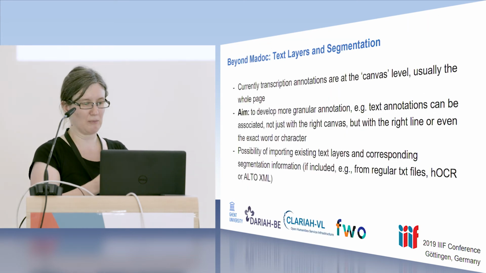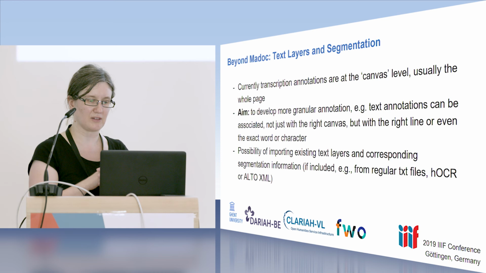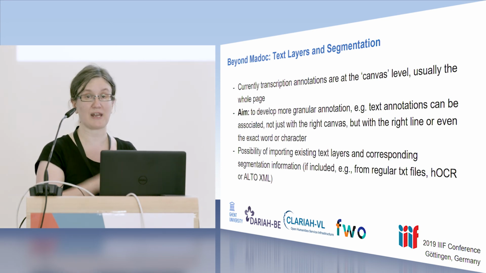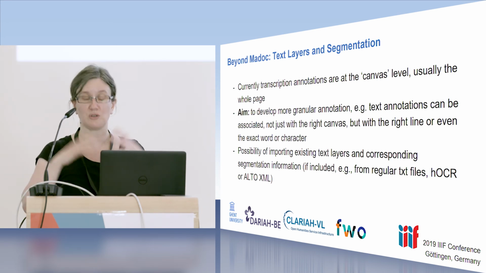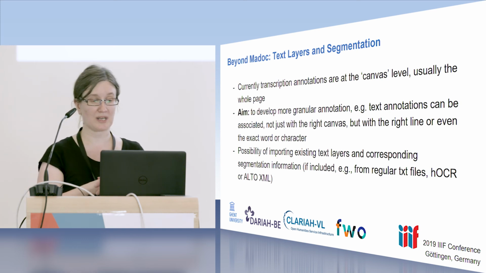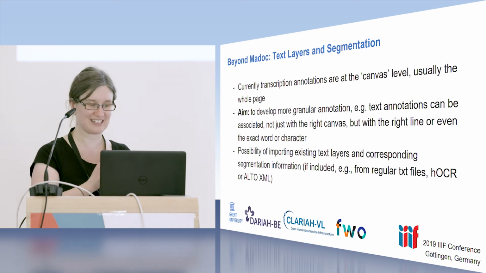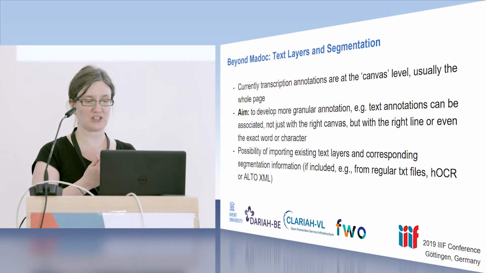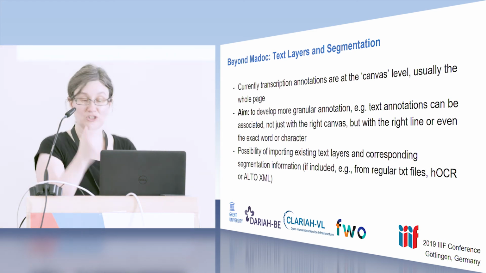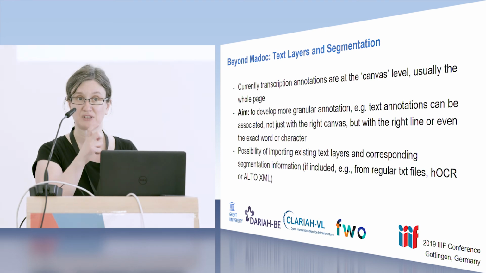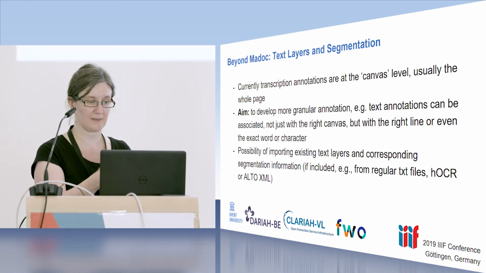In a little bit more detail, currently the transcription annotations that are available are at the canvas level, which is usually the whole page. But what we'd like to do is to have more granular annotation. For example, text annotations associated not just with the right canvas, but the right line, and even perhaps down to the exact word or character.